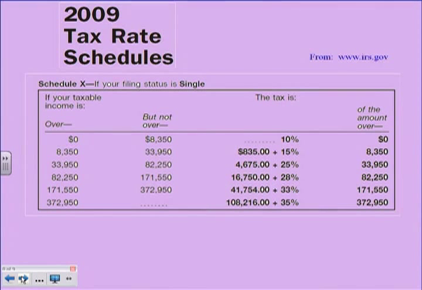Now, once you jump up over the $8,350, then until you hit $33,950, you're in the 15% bracket. Now, by the way, what's interesting and also kind of complicated is you're only going to pay 10% on that lower part. You pay 15% only on the part that's above $8,350.